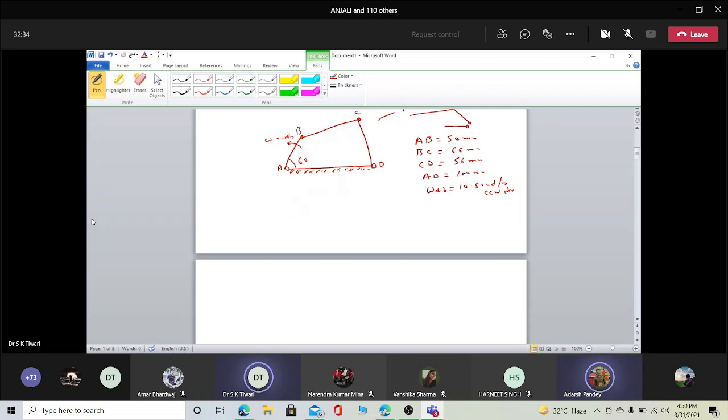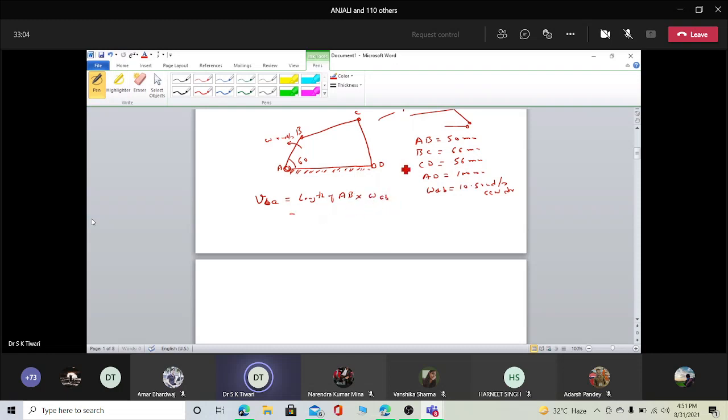Now, the angular velocity of the link AB is given to you. Therefore, for B, A will become the center of rotation. And from theory, which I have taught you just now, I will find out the velocity of point B with respect to A. It's nothing but the product of length of AB multiplied by angular velocity of AB.